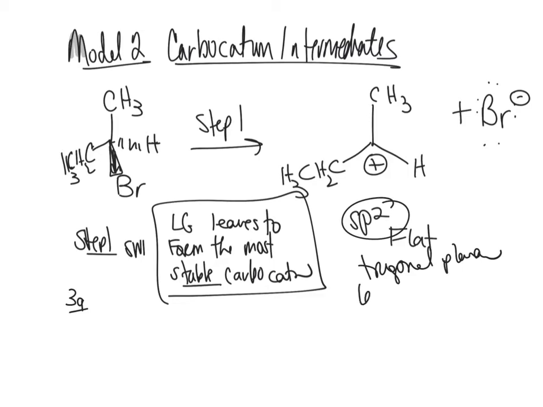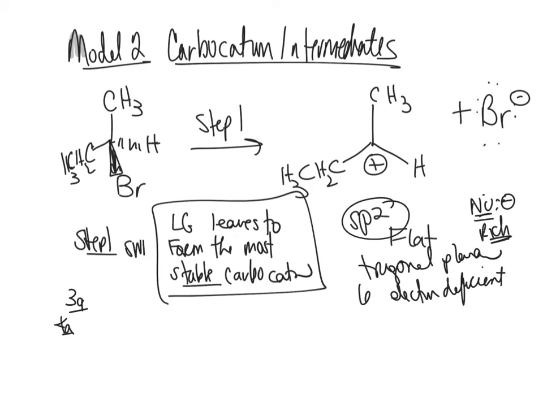The carbocation is, should you write, electron deficient? It's less than 8, right? A carbocation is most likely to react with something that is electron rich. Okay, so that's where the nucleophile comes in to react with the carbocation. So something that's electron rich.